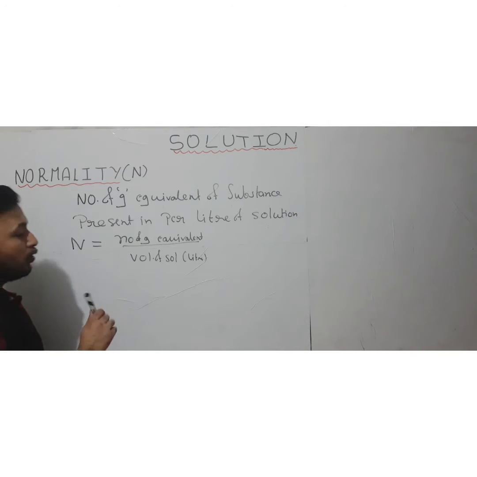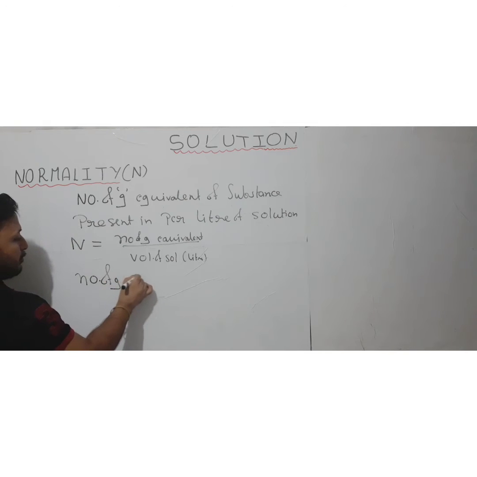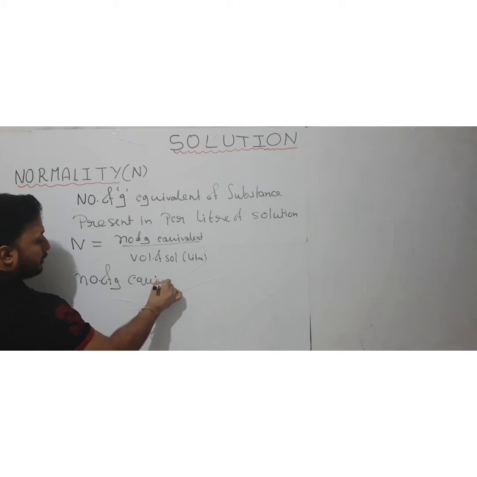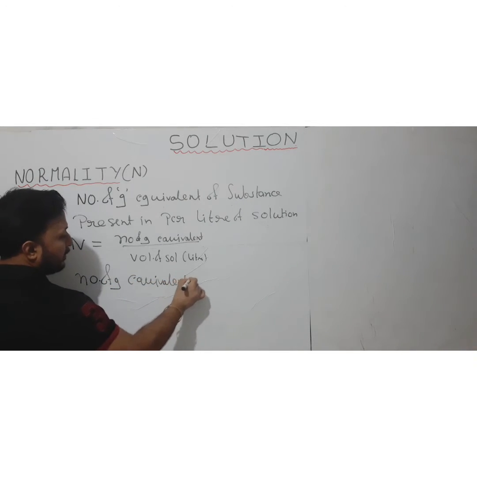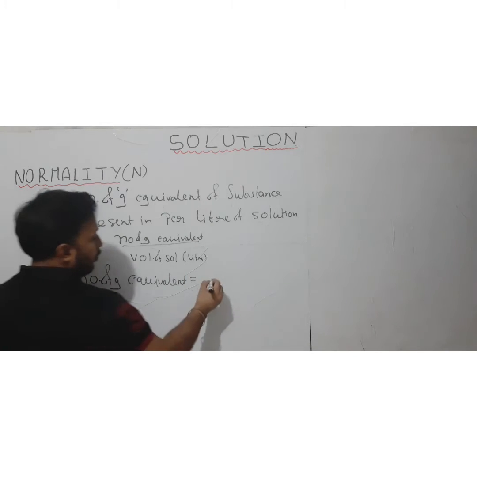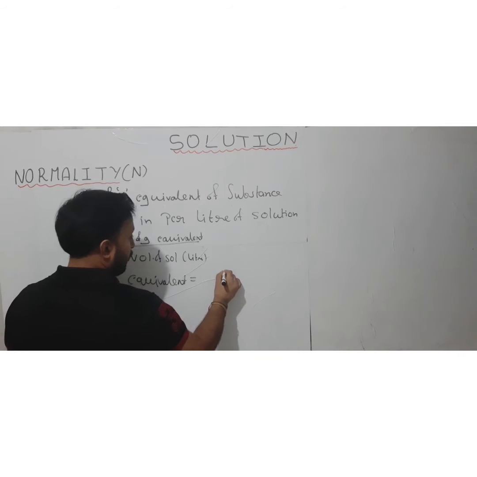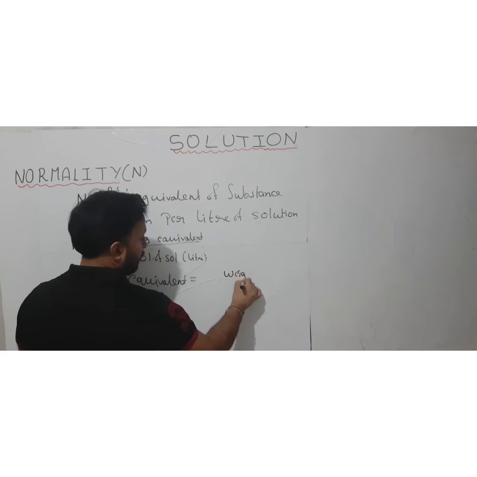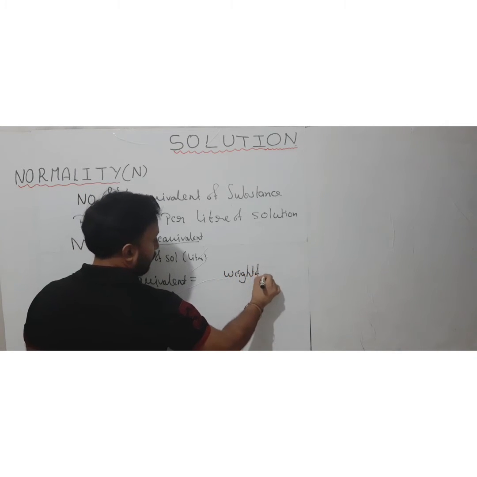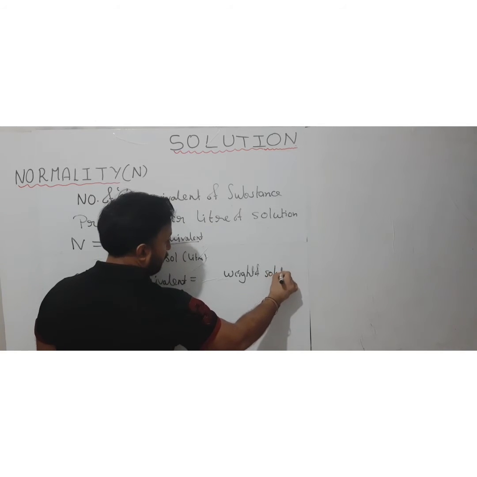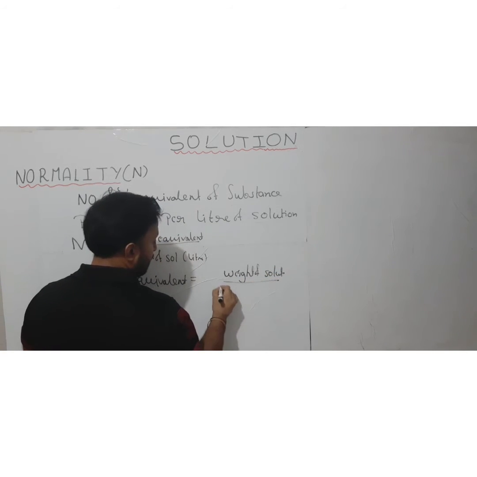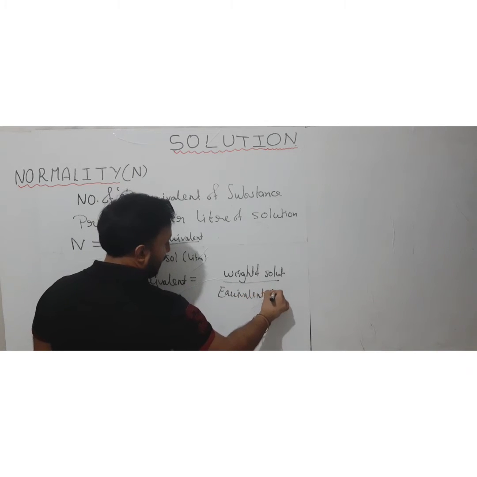Okay, now how to find the number of gram equivalent? For finding the number of gram equivalent you have to divide the weight of solute with its equivalent mass.